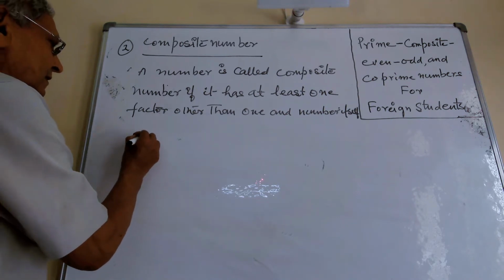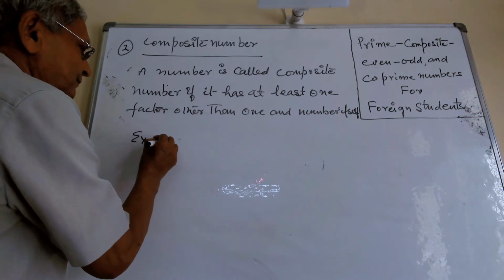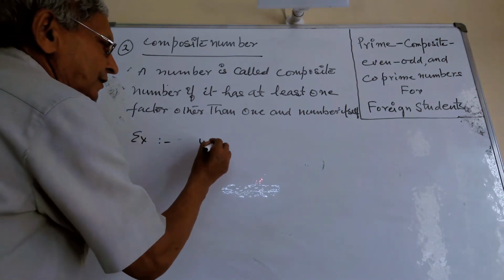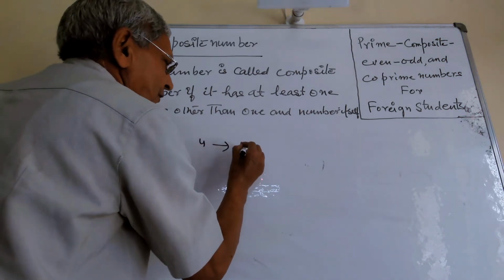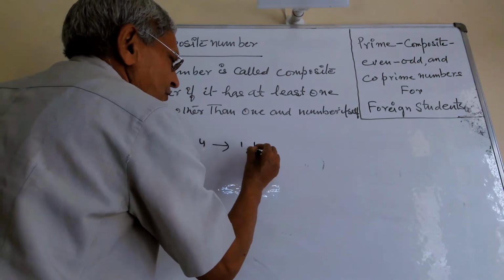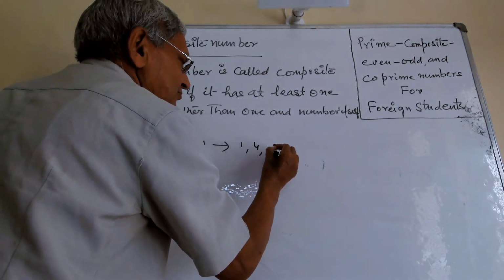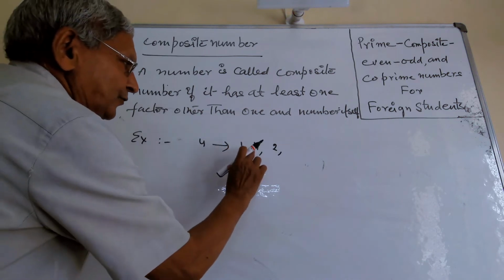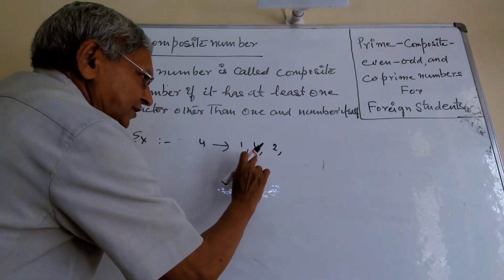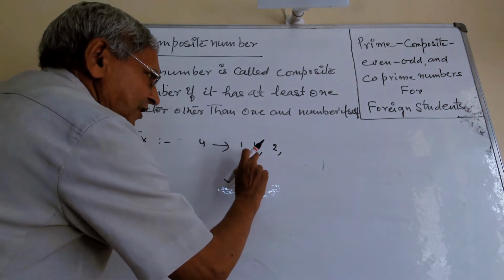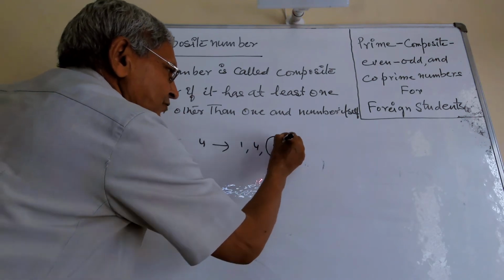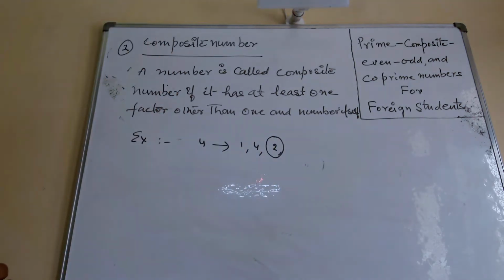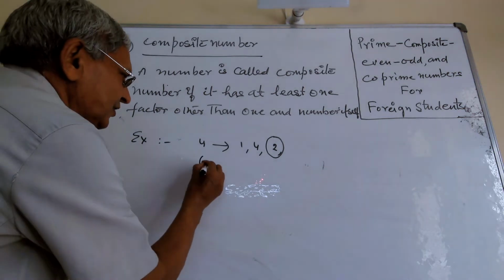Example. Here you see 4. The factors of 4 are 1, 4 and 2 also. 1 and 4 are the factors 1 and the number itself, but 2 is also a factor of 4. Here you see 6.